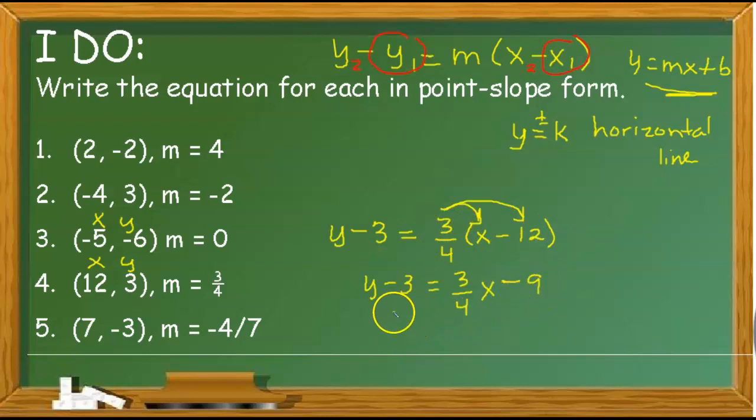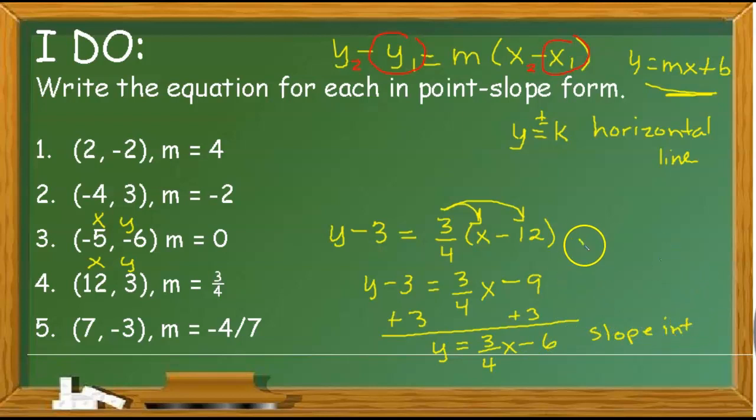Final step would be to add the 3 to both sides, and my final answer would be y equals 3/4 x minus 6. So that is if I need it in slope intercept. If I want it in point slope, I could stop right there. Okay? Very good. Again, be sure you have that written down.